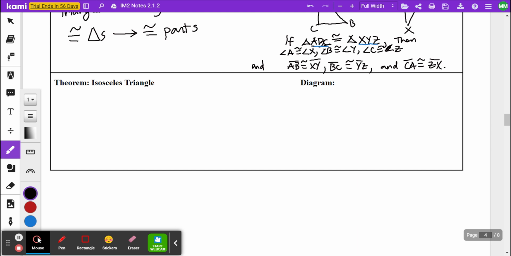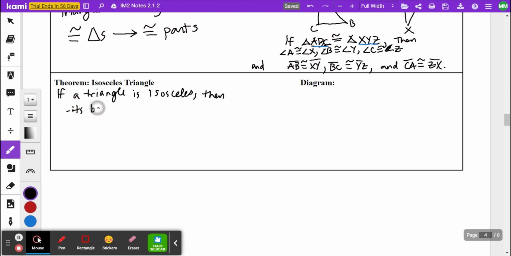Okay, another one. This is the isosceles triangle theorem, and it states that if a triangle is isosceles, then two things are true.